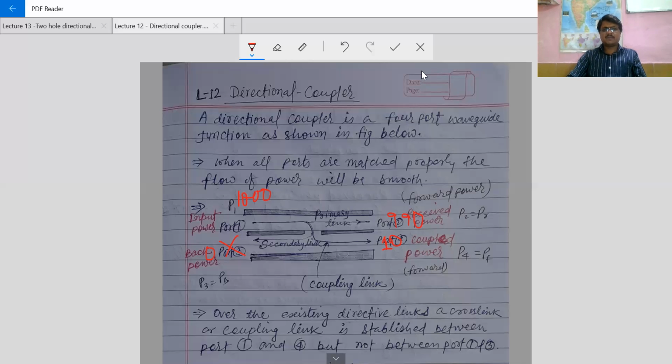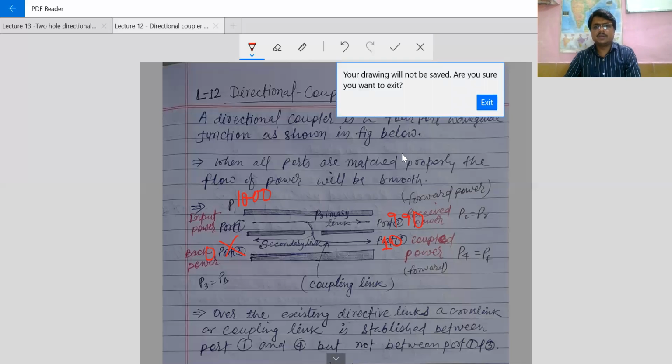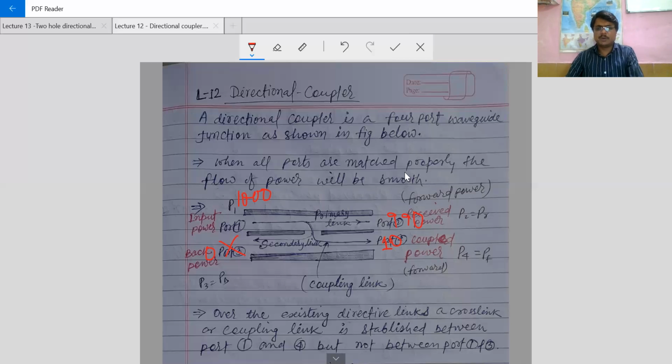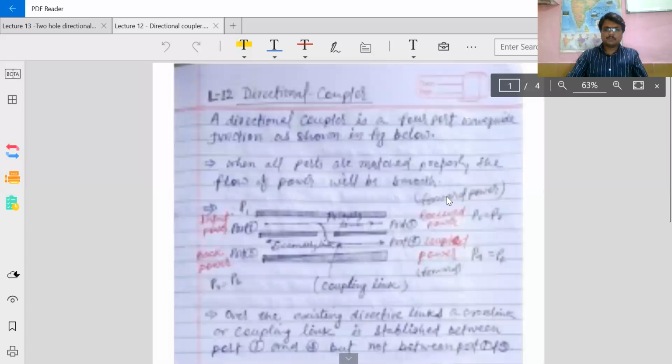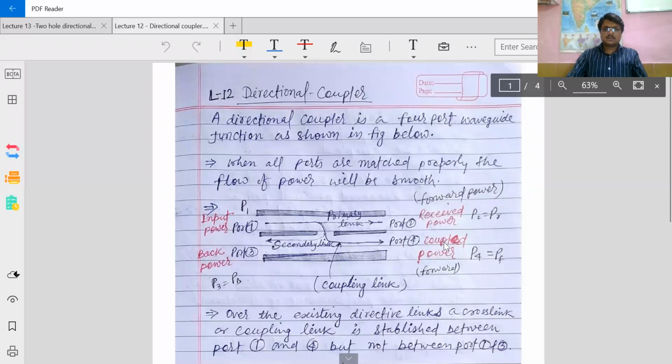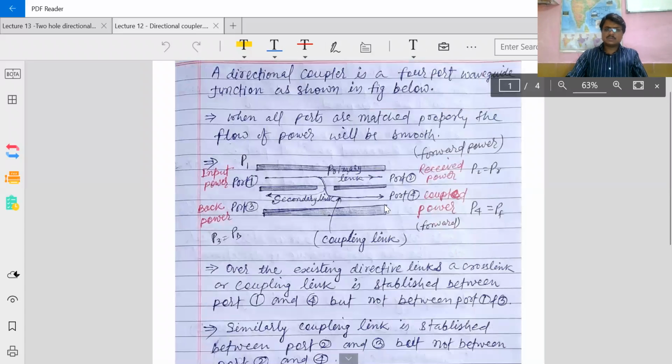You must have seen this type of coupler in your microwave labs during your BTech, if you have performed your lab. And this is a directional coupler.